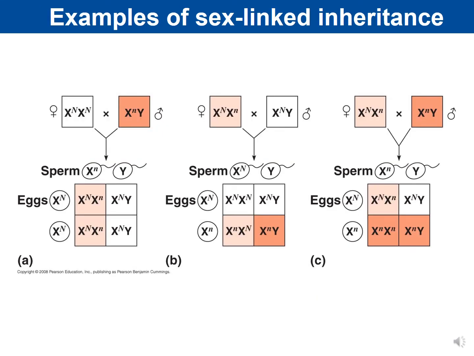So these are some examples of how sex-linked traits are inherited. In the example on the left, we have a mom, and this mom is X big N, X big N. And she mates with a male who is affected, who has the disease. Let's say this is color blindness, for example, and color blindness is sex-linked recessive as well.